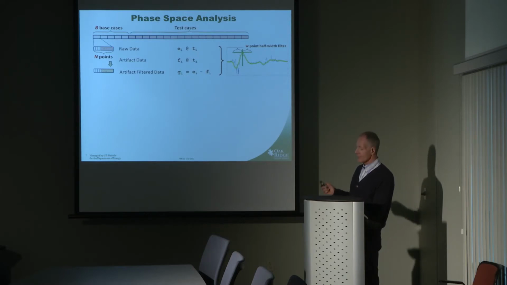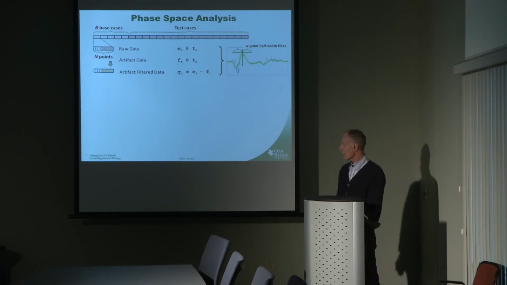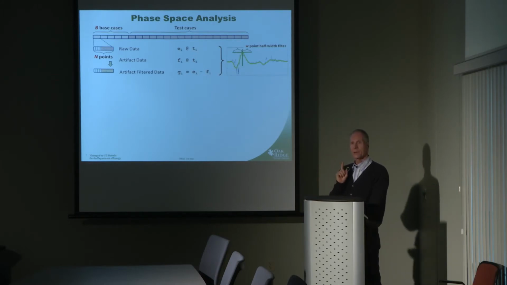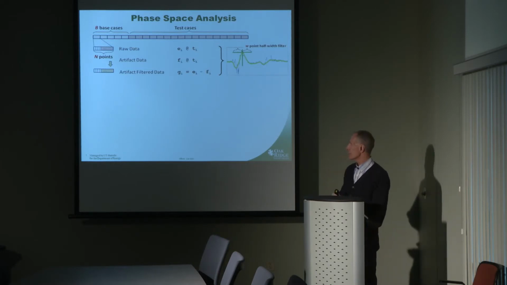So that this filter is not a mystery. The way it works is that over a window of points, one fits a parabola, and then one takes the center of that parabola, the central point in that window, as the estimate for the artifact. And this is what the artifact filter data then look like after the subtraction.